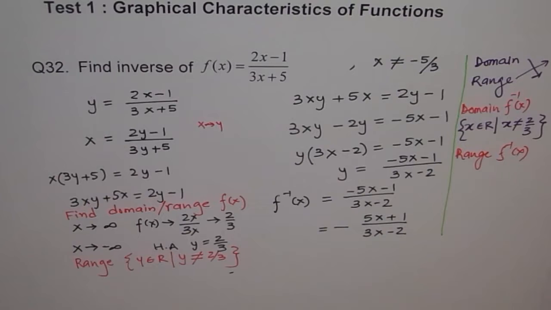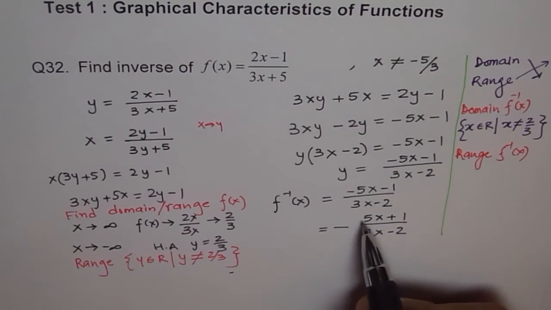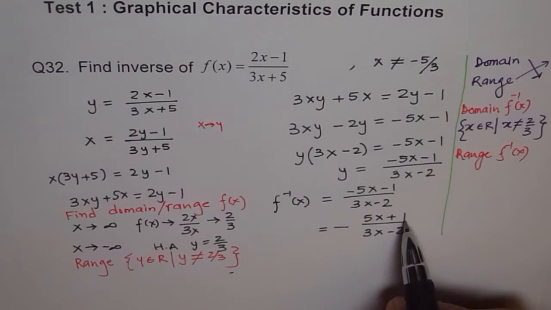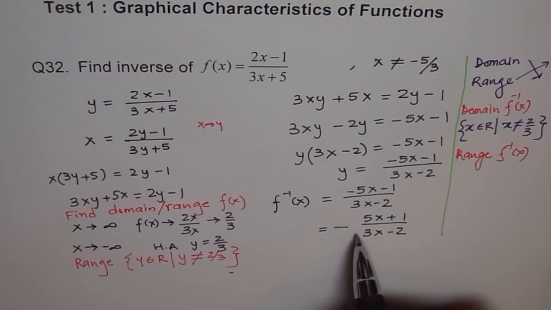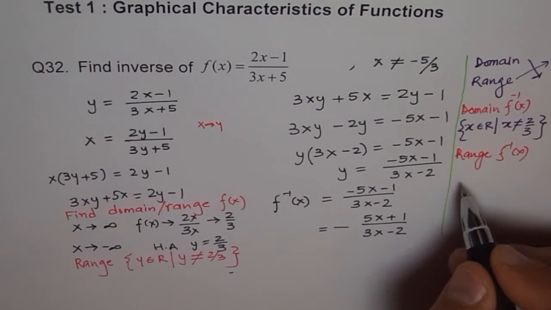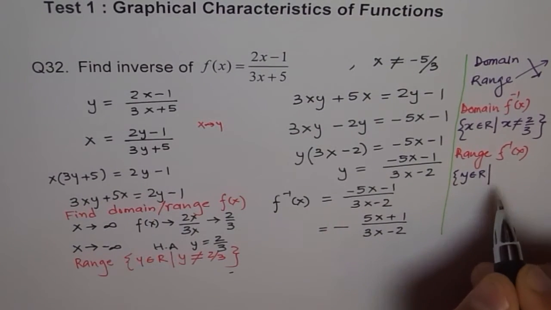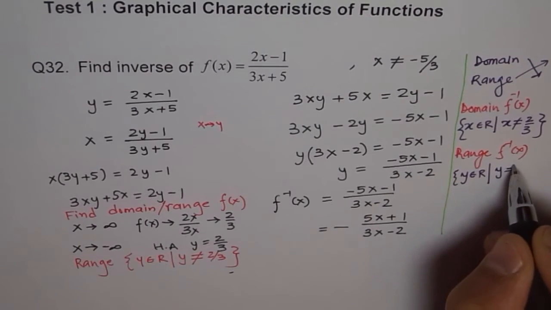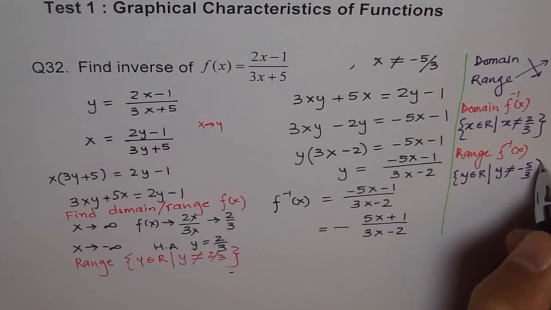Now for the range, you will notice, if x is very, very large, then 5x is very large as compared to 1, and 3x is very large as compared to minus 2. Therefore, our function will approach negative 5 over 3. So we have range where y belongs to real numbers, but y is not equal to negative 5 over 3.